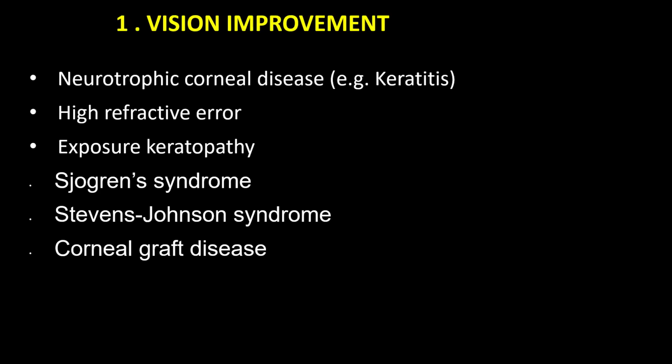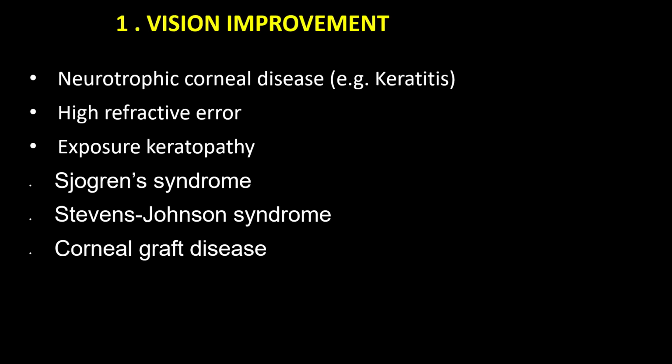So the cornea can tend to lose its sensitivity and be exposed to damage, exposed to injury, because you can't feel any sensitivity again in the cornea. So that can affect. In cases of high refractive error, exposure keratitis, maybe due to any ectropion that will expose the cornea, or lagophthalmos that will expose the cornea.